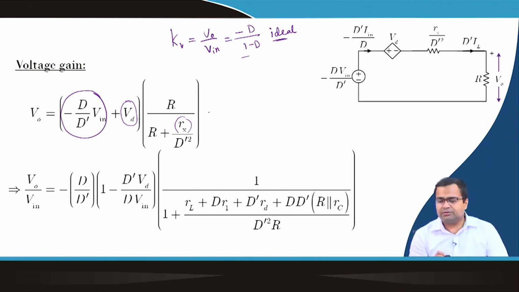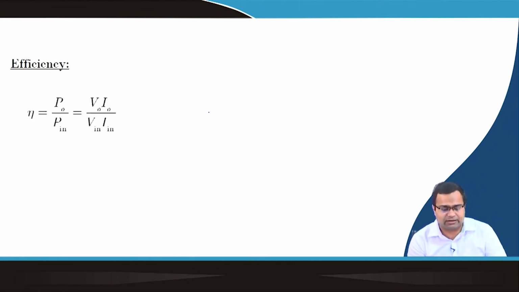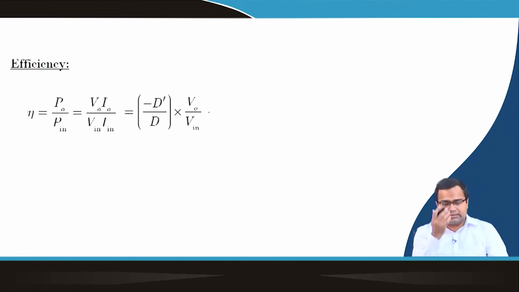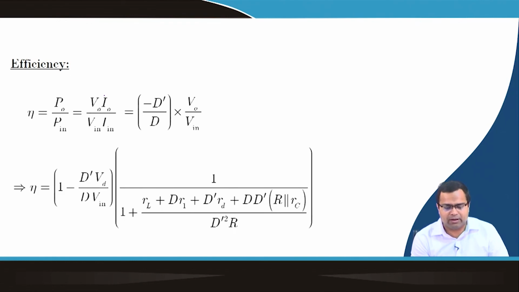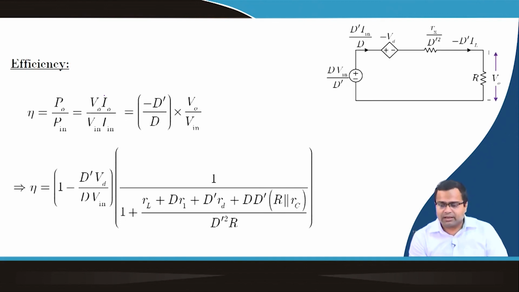And for the efficiency of the converter, we can write the output power by input power, write down the expression of the input current in terms of output current, and find out the efficiency. It can be shown that efficiency is much lower than 100% when the diode drop is high, as well as when the load current is high because of the parasitic drop.